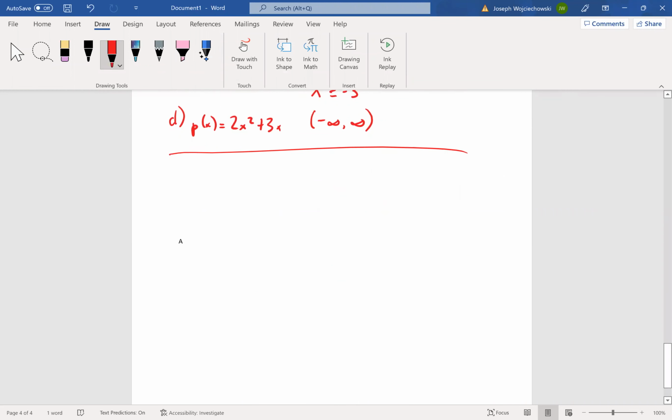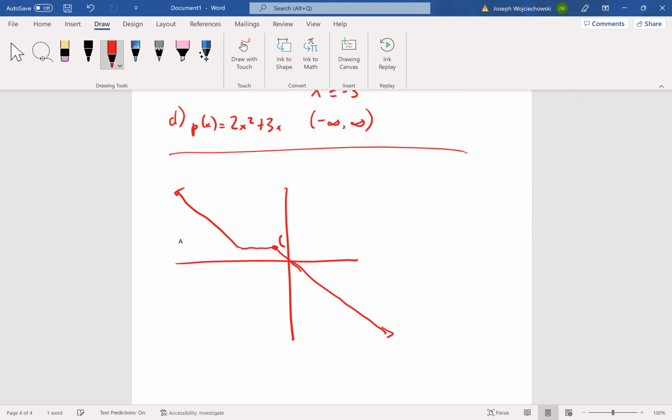Okay, now let's see if I can draw this picture. I have a point here of negative 1, 1.